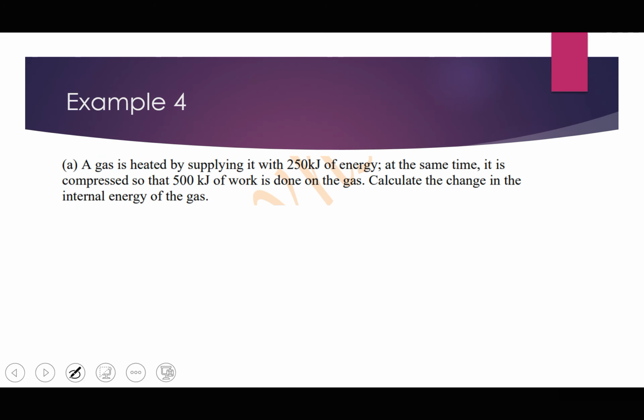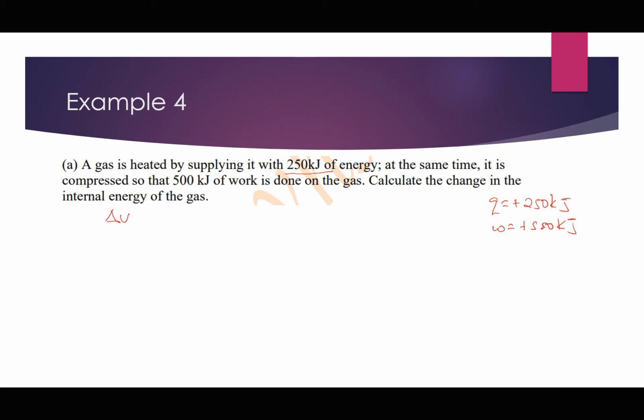Number 4. A gas is heated by supplying it with 250 kilojoules of thermal energy. So, very fast, Q is positive 250 kilojoules, because it is added to the system. At the same time, it is compressed, so work is done on the gas. So W is also positive, plus 500 kilojoules. Calculate the change in internal energy.